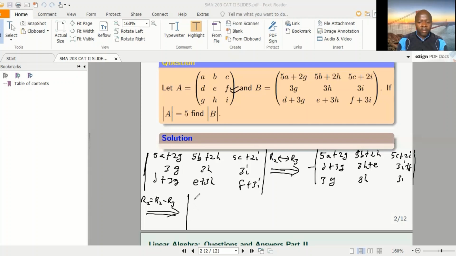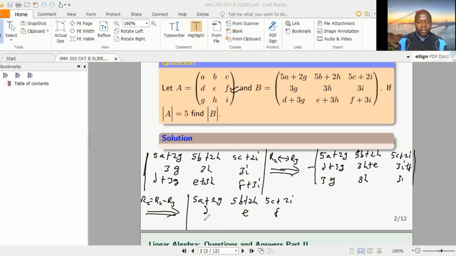So when that happens, of course, row 1 remains the way it is. And this was 5C plus 2I. So I'm just subtracting row 3 from row 2, and that gives me D here, E here, and F here.